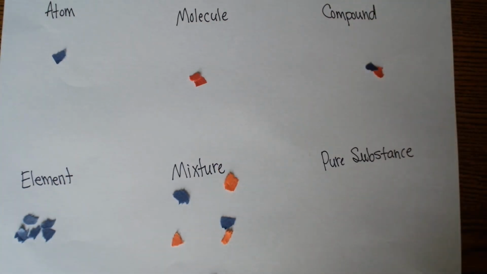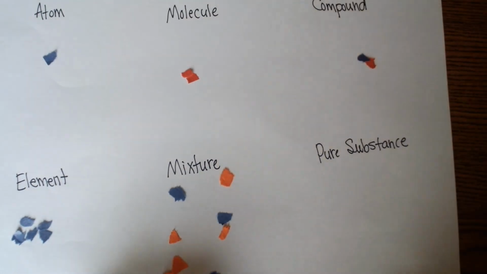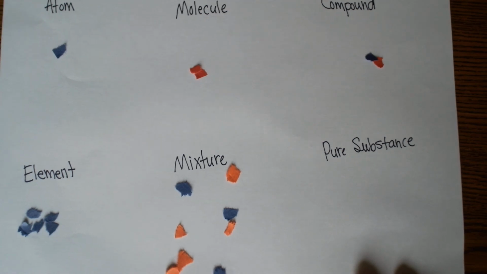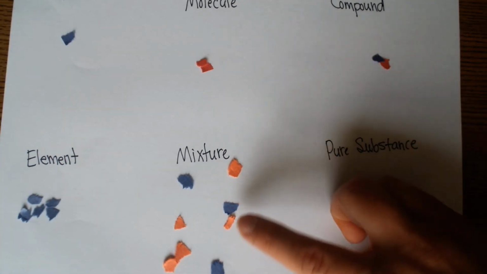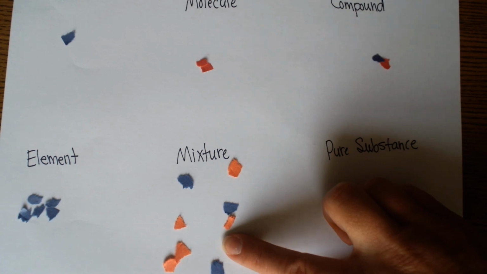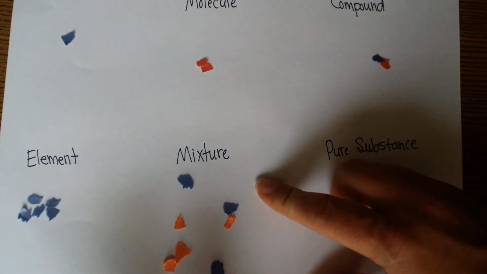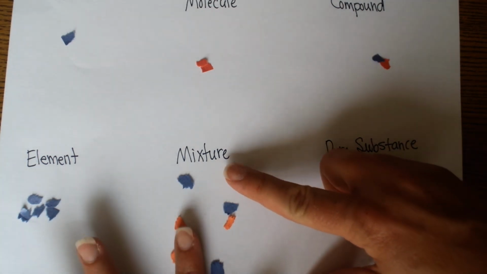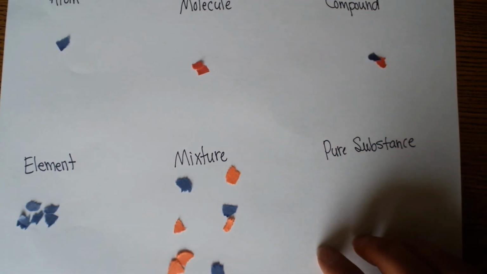Or maybe we have a blue, a red, two reds stuck together, like a molecule of oxygen. Okay, so a mixture. Now, are these guys touching? So they're not bonded together? So I could move them around, pick out the orange stuff? Yeah, I could. That's the idea of a mixture. A mixture can be taken apart. Okay.